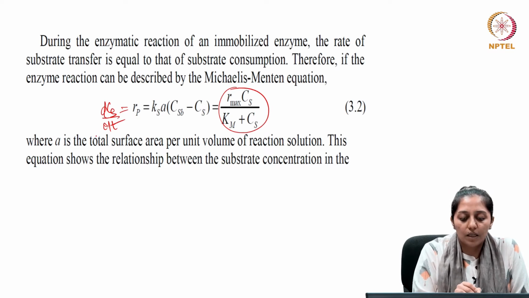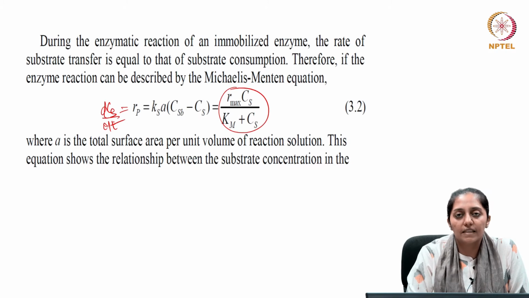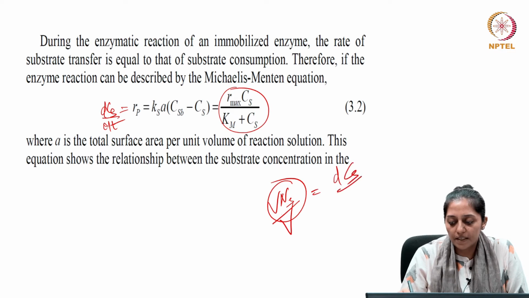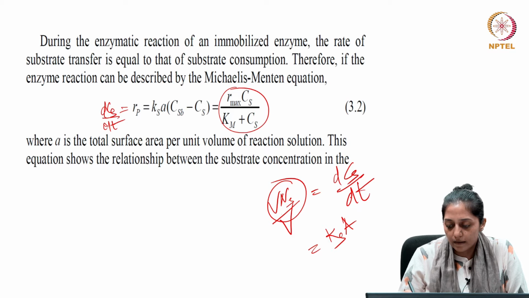So, because this is equal to dCs by dt, initially it was mass transfer. This will become equal to dCs by dt, because volume can be divided with the mass, and this will become concentration of the substrate, and the volume will go to the RHS where we had Ks A. So, that volume will come here and this will become Csb minus Cs.